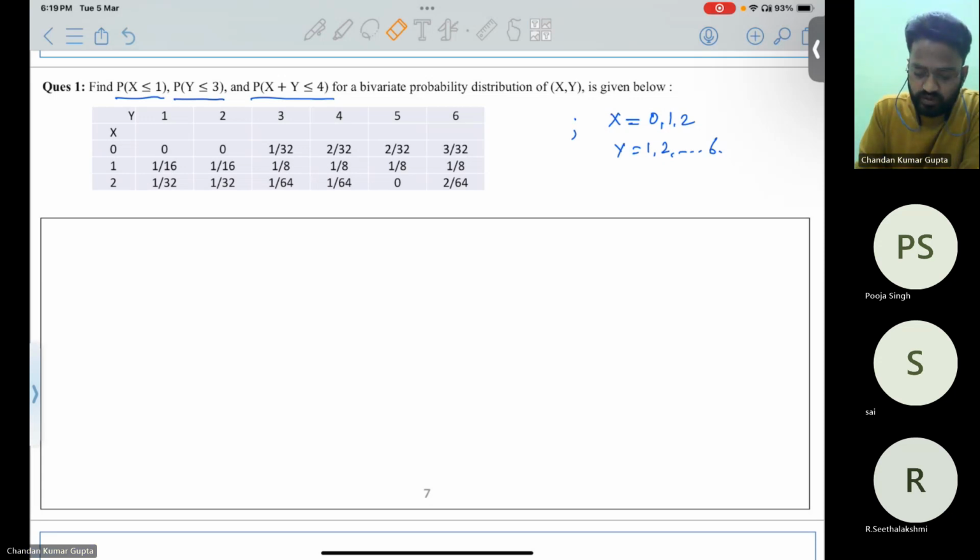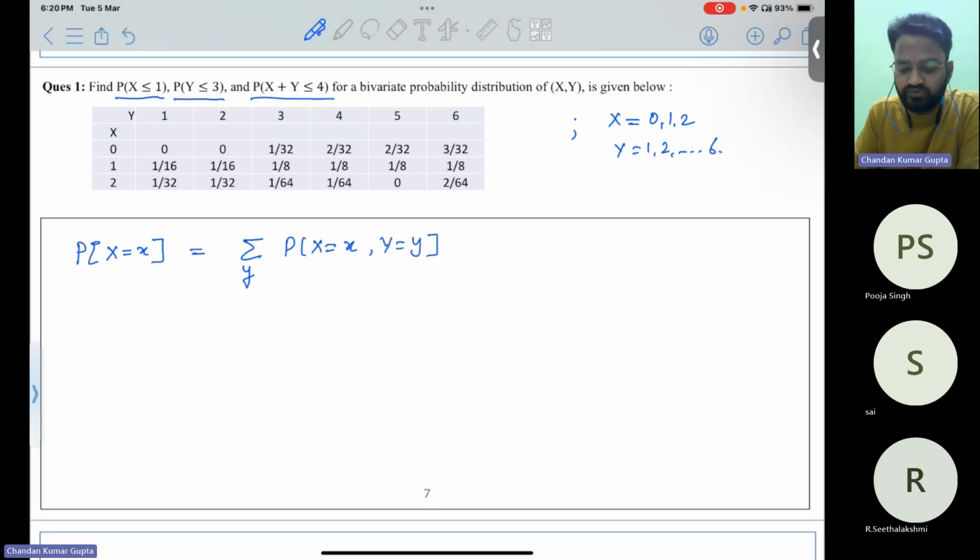The probability that X equals x, that is the marginal of x, can be evaluated as the summation of the probability that X equals x and Y equals y, and since we need x, we take the summation over y.